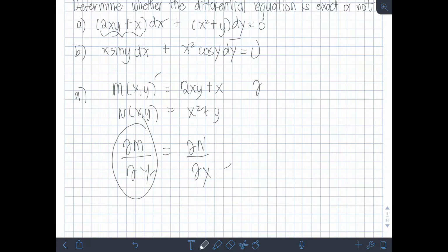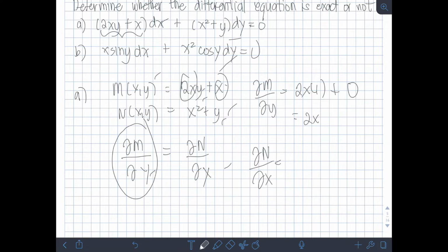So, ano ba yung partial derivative of M with respect to y? So, ito yung function na titignan natin. So, constant si x, tapos i-derivative lang natin si y. So, itong 2x tabi lang. So, 2x, and then derivative ng y is 1, plus derivative ng x, dahil constant siya, ay 0. So, we have 2x, right? And then, partial derivative of N with respect to x naman.